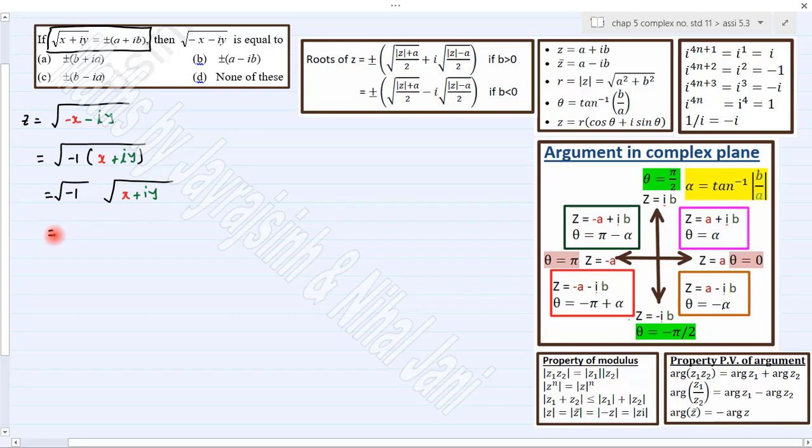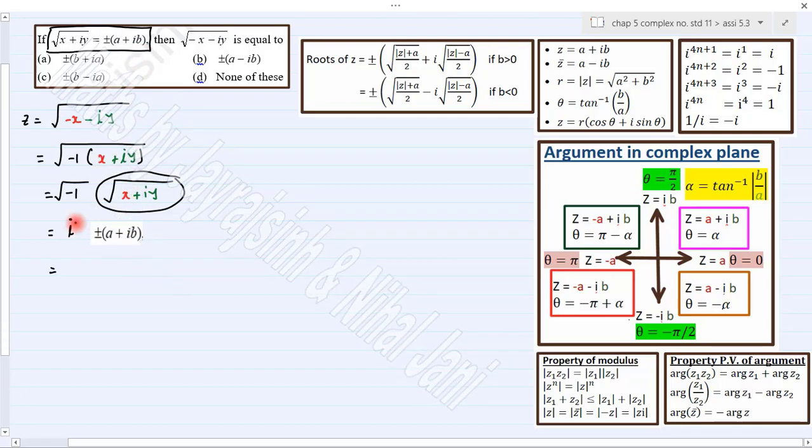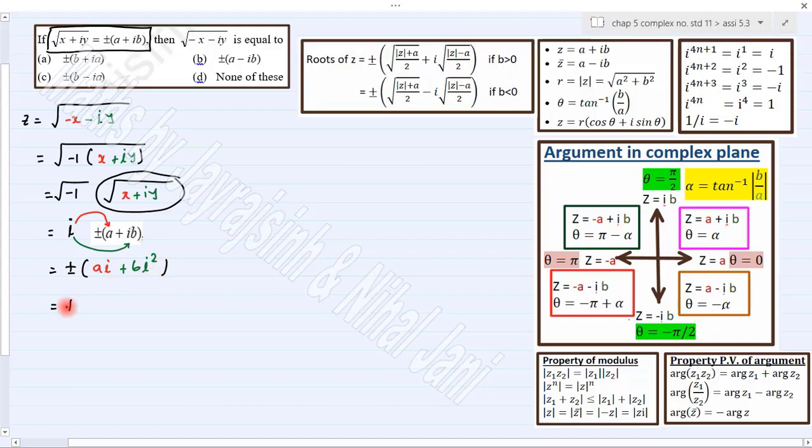Now we know that under root of minus 1 is simply i, and under root of (x plus iy) is given in the question as plus or minus (a plus ib). Now to simplify, let's multiply i with a, which will give us ai, and i with b will give us bi square, or we can say plus or minus (ai minus b), which is not given in the options. So the correct answer is option D.